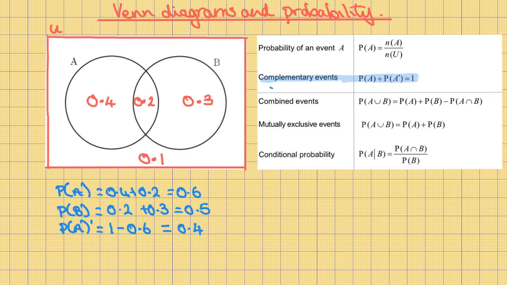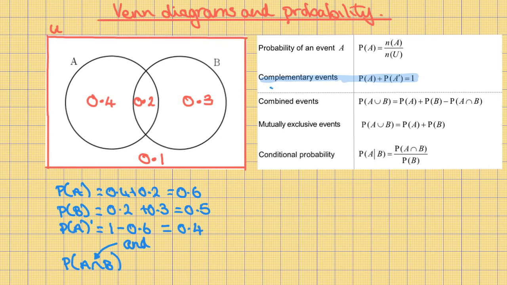You might also be asked, what is the probability of A intersection B? And the intersection also has another word associated with it, that means and.